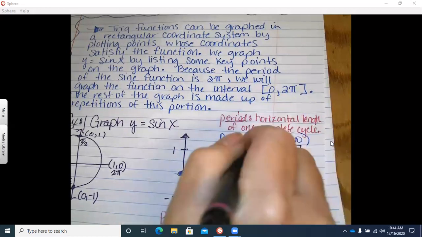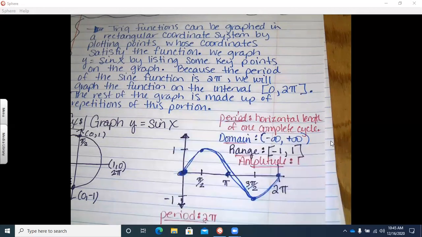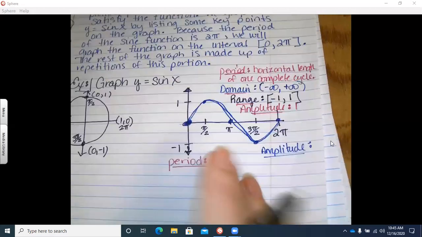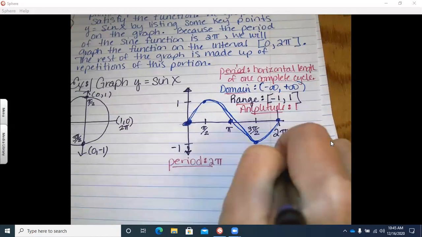I don't know why I put period down here and everything else up there. Let me write a little definition of amplitude as well. Amplitude is the amount the graph travels above or below the midline.